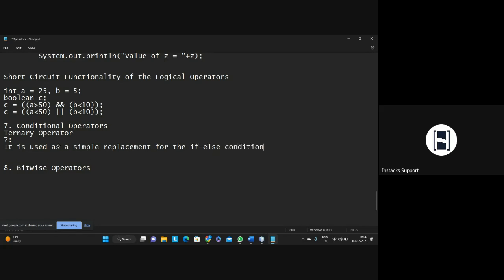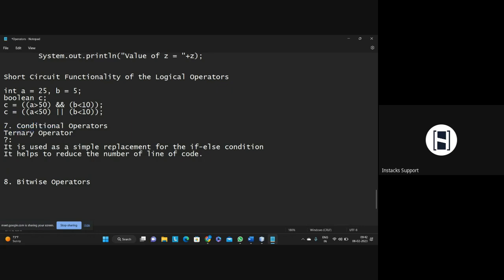Another important feature of it is it helps to reduce the number of lines of code that I have to write for a particular logic. That is the advantage of my conditional or my ternary operator.